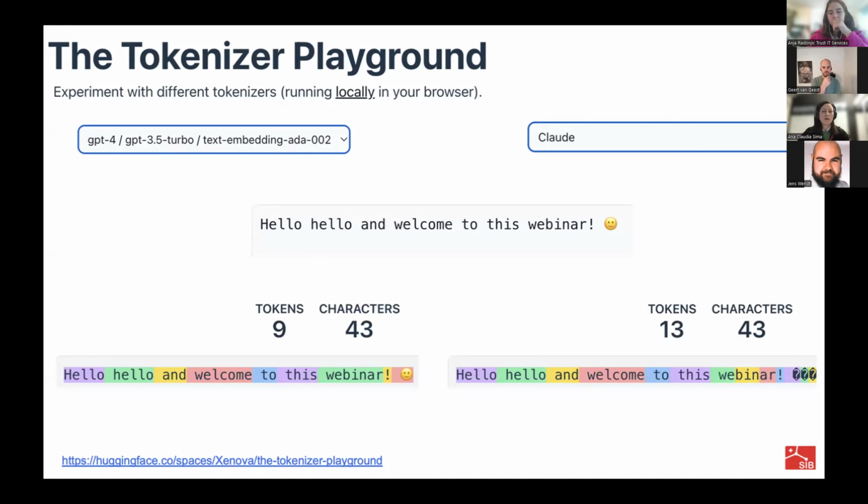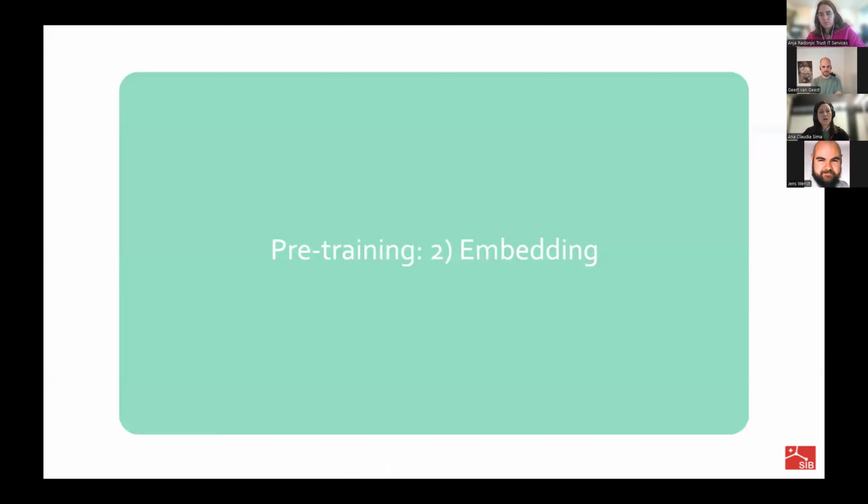Now, of course, the vocabulary by itself, the tokens, do not actually have meaning. They are just words or pieces of words. So the central part in any semantic search system, but also in specifically large language models, is so-called embeddings.